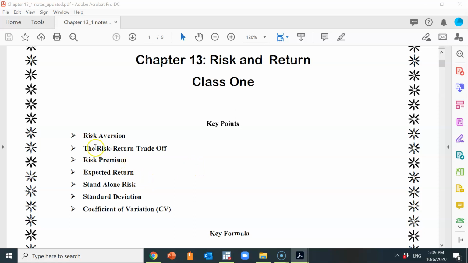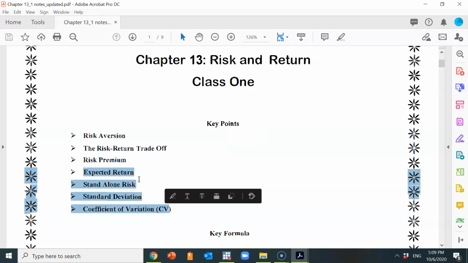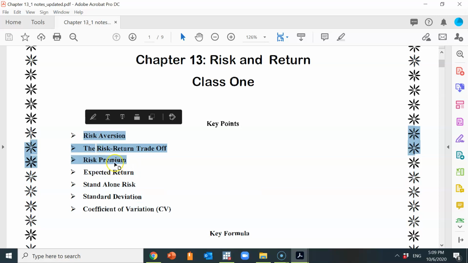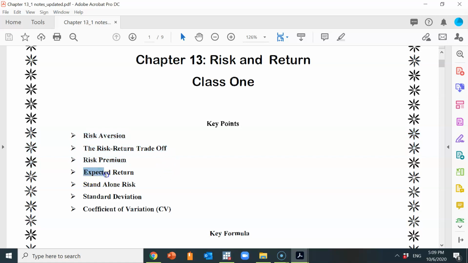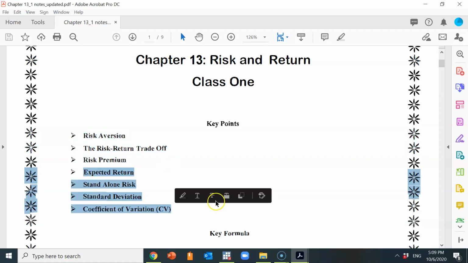Okay, we would talk about risk aversion, the risk return trade-off, risk premium, expected. Okay, so these are some basic concepts and theories about risk and return. We will also particularly introduce some of the measures to measure risk and return of a financial asset or a typical stock.